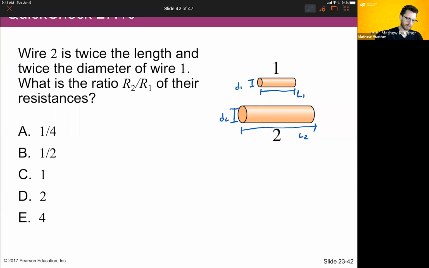And I know that L2 is equal to twice L1, and I know that D2 is equal to twice D1. Okay. How do their resistances compare? Let me relaunch the poll and see what you think.